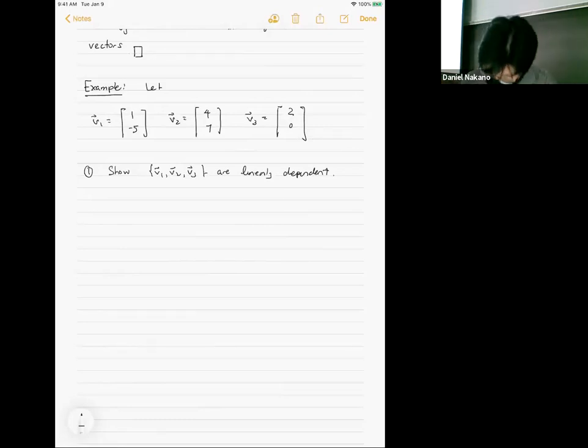And the second part of the problem is to express one vector as a linear combination of the others.